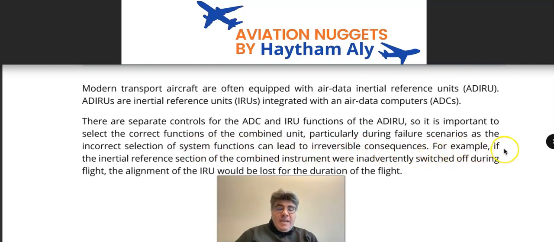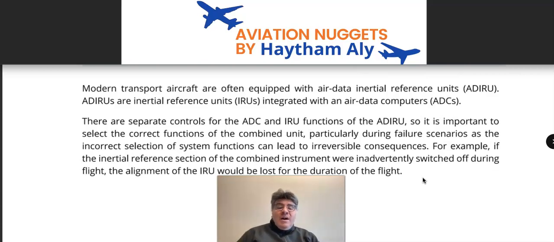For example, if the inertial reference section of the combined instrument were inadvertently switched off during flight, the alignment of the IR unit would be lost for the duration of the flight. You know, the inertial reference system needs alignment at the beginning of the flight, and this alignment must be done when the aircraft is stationary. Okay, when the aircraft is stationary.